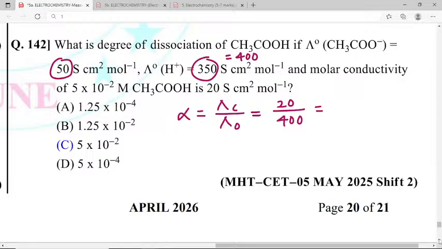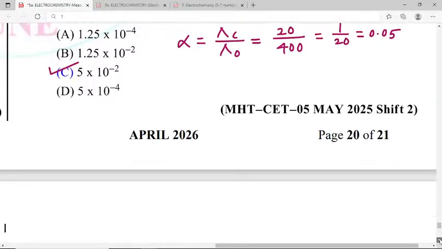So 0 gets cancelled, 0 gets cancelled. So 2 by 40, that is 1 by 20. So 1 by 20 is equal to 0.05, which is 5 into 10 to the power minus 2. Okay, get it? Degree of dissociation of acetic acid: just add the value of acetate and H plus ion.